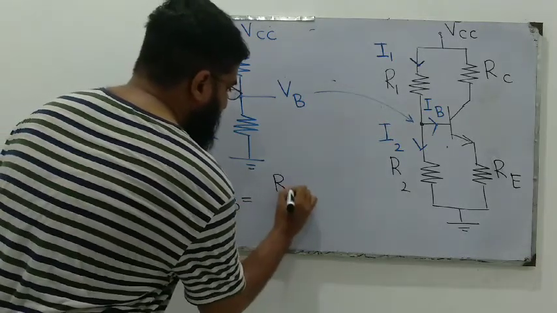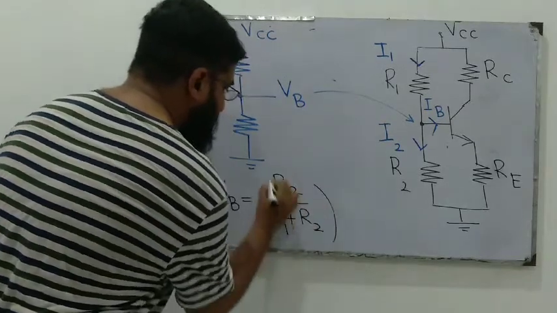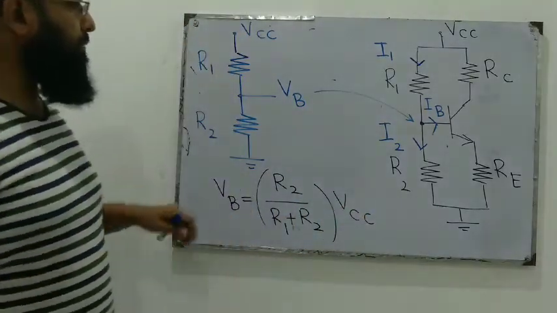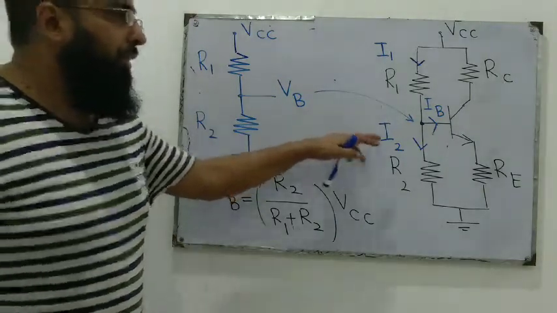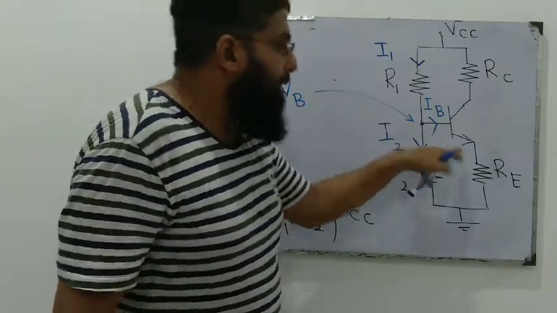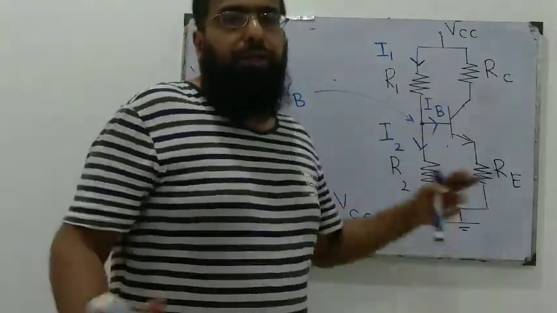VB is equal to R2 over R1 plus R2 times VCC. Once this base voltage is found, then we can write the input loop equation starting from VB minus the base emitter voltage minus this voltage drop, and the output loop equation to find IB, IC and VCE.